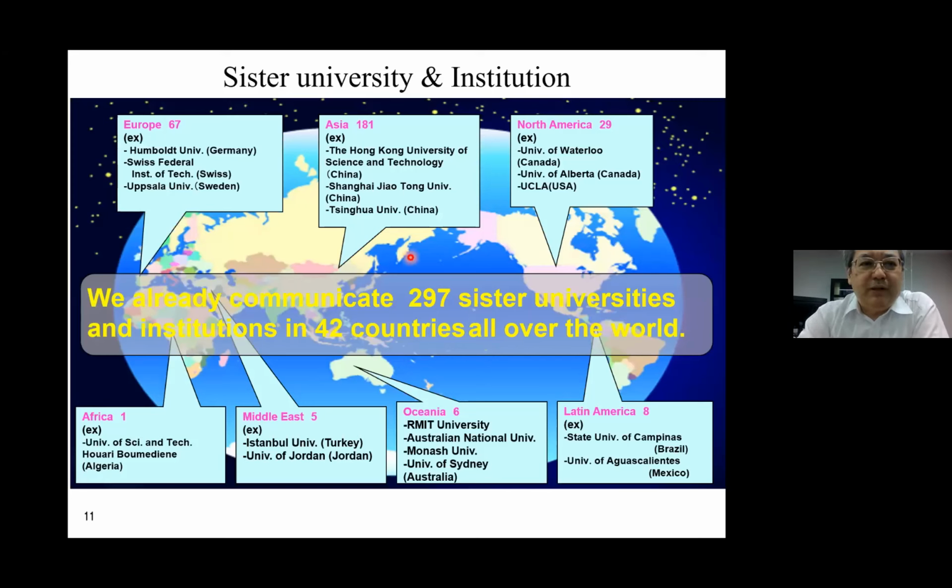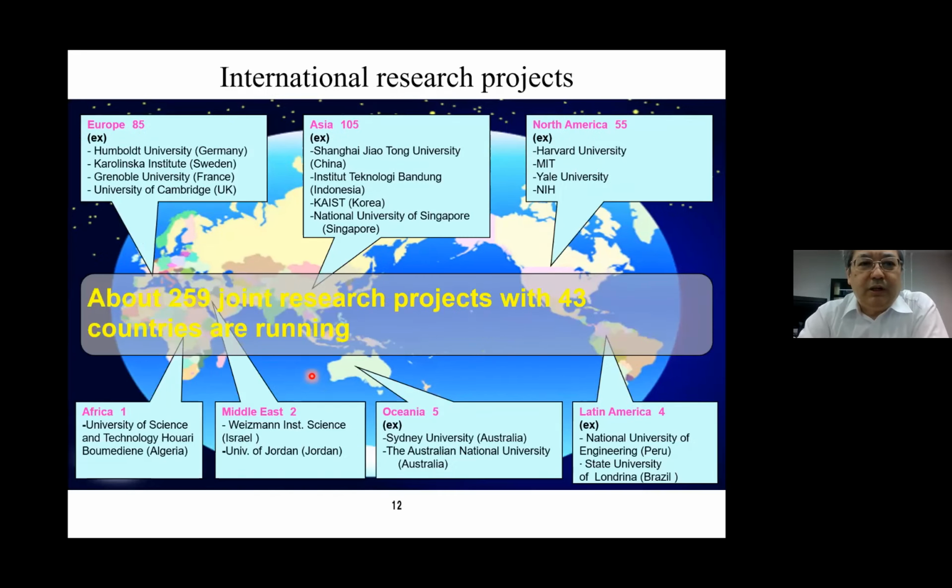And we have many sister universities. This is as of 10 years ago. We have more than 300 sister universities and sister institutions. ITB is one of them. And also we have a research project, where ITB is giving help. Our CERES, the Center for Environmental Remote Sensing, also has some projects with ITB.